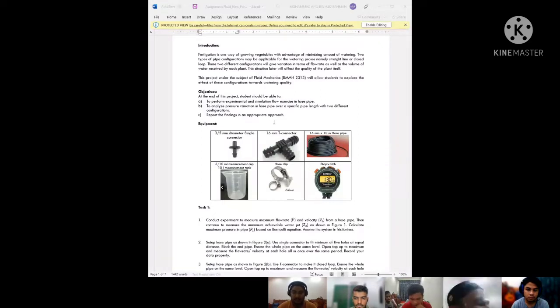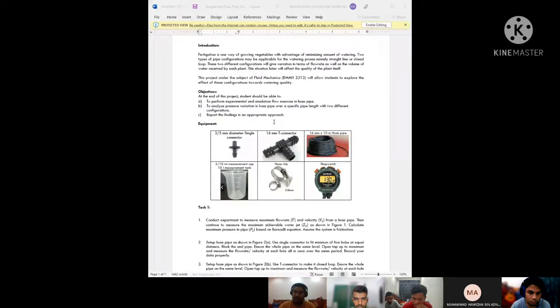So the equipment we will use 3.5 mm diameter single connector, and we are using one socket for 16 mm T connector and 5 meter of 16 mm hose pipe. So we will use one 10 ml measurement cup and one hose clip. The other thing we will use also is the stopwatch.